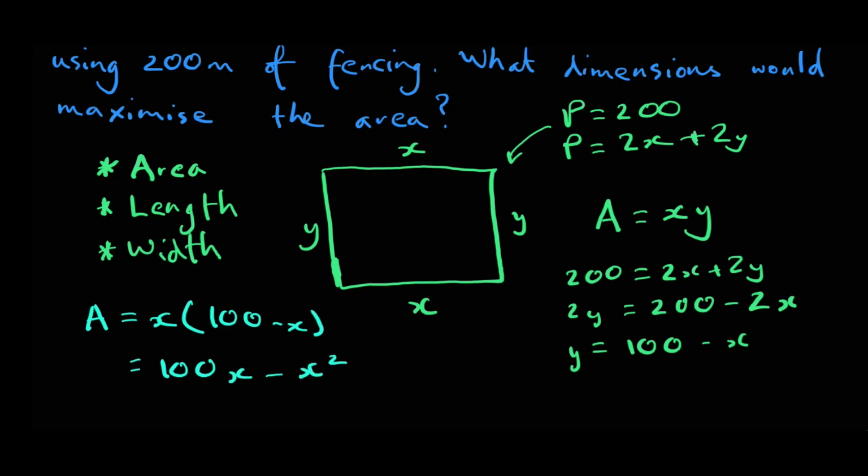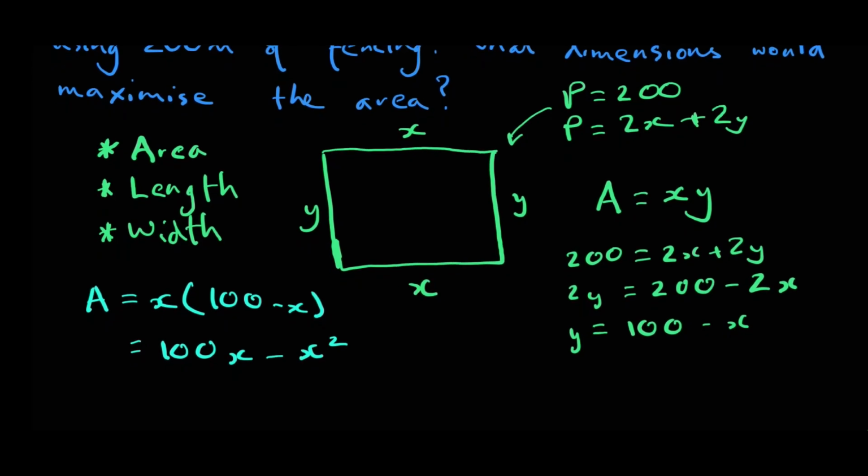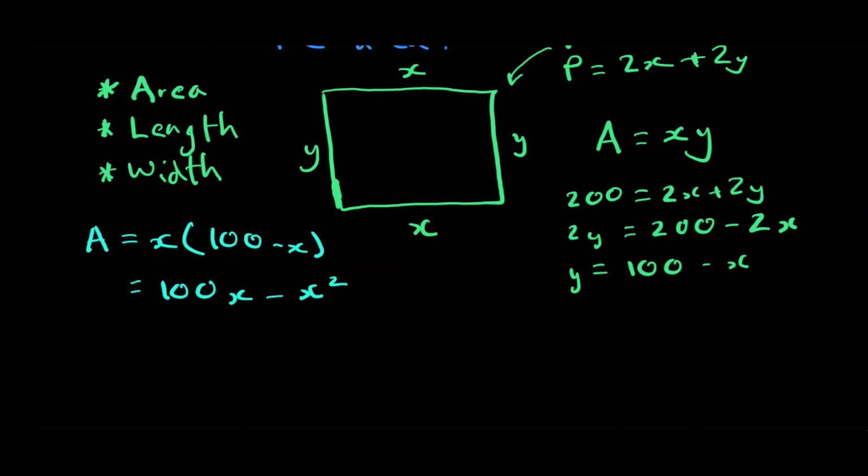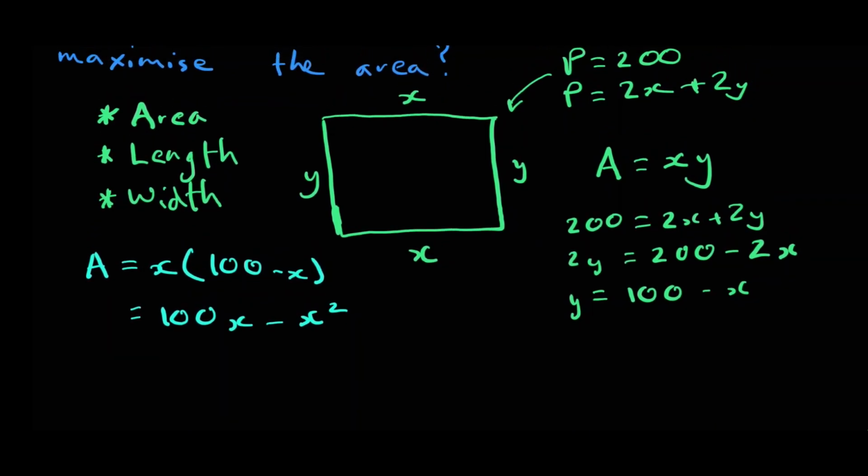And now to find the maximum value of 100x minus x squared, you can differentiate it and set it to 0, because differentiation gives you the rate of change of the function, and if it's 0, that means that it's either a maximum or a minimum. So differentiating area gives 100 minus 2x.